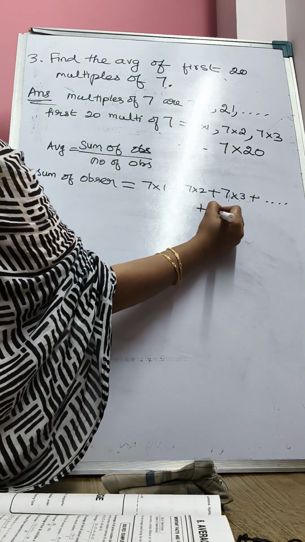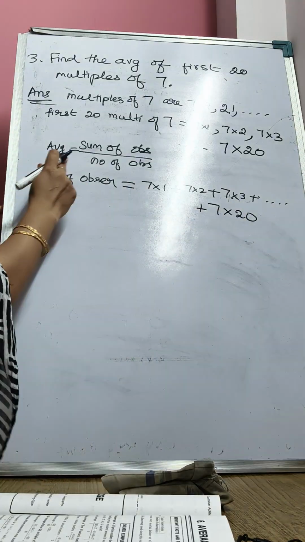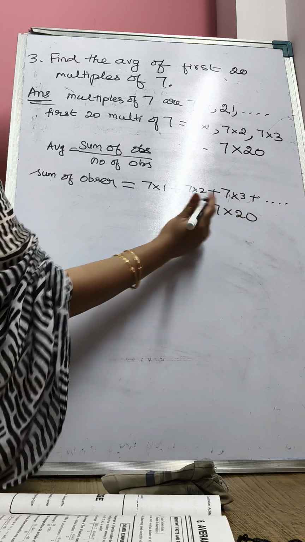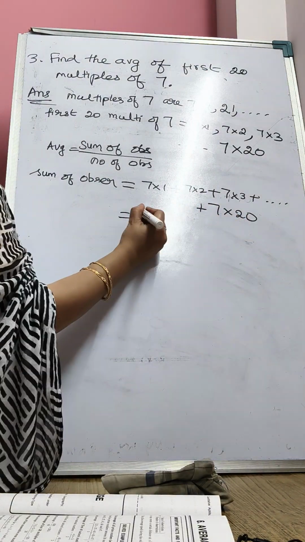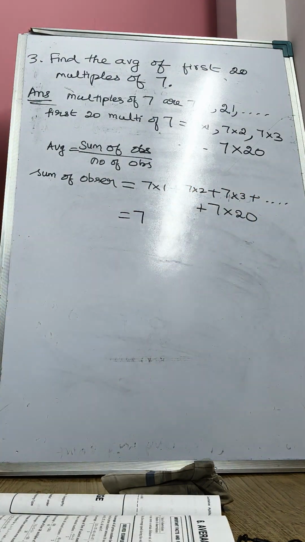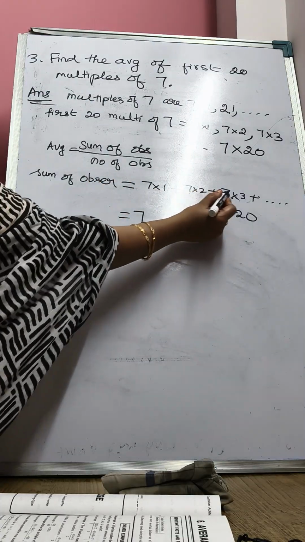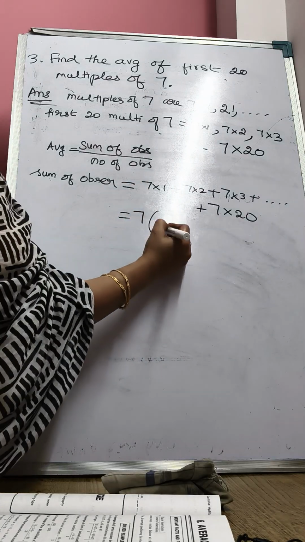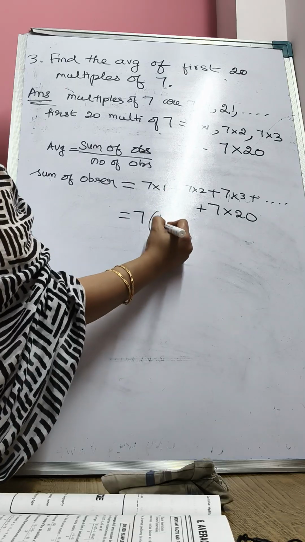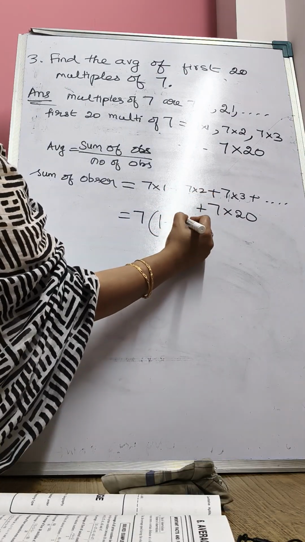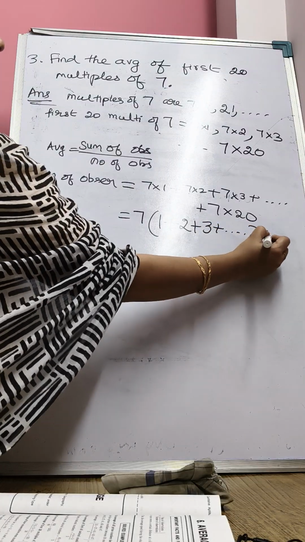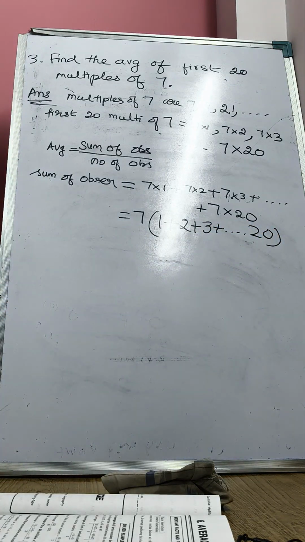How much do I want? 7 into 20, because I want the first 20 multiples of 7. Now 7 is common everywhere, in all the terms. So I will take 7 outside. What remains inside? 1 plus 2 plus 3 plus and so on up to 20.